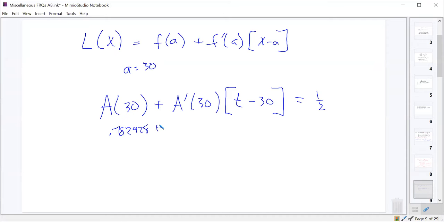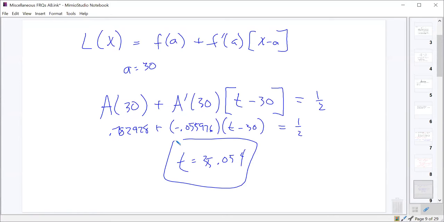And then A prime of 30, which we didn't find before, but now we can find it, is negative 0.055976. So just take your 1/2, subtract the 0.782 thing, divide by negative 0.055, add 30, and you end up with t equals 35.054.